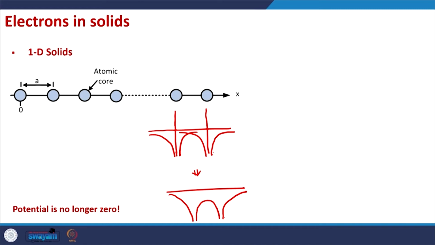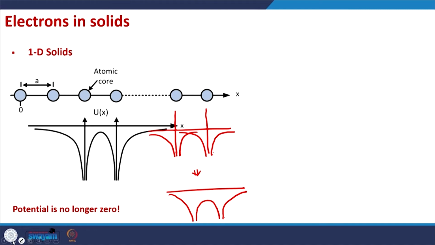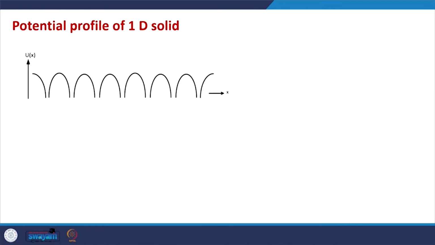And similarly, for a chain of atomic cores, the resultant potential energy of the system would be like this, but extended to all the atomic cores. So, if we generalize this understanding, this is how the potential profile, or to be more precise, the potential energy profile of the electrons would be in a 1D solid.